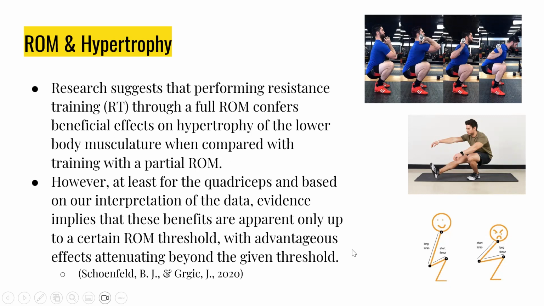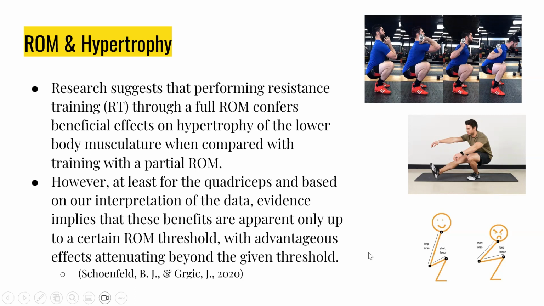However, at least for the quadriceps and based on the interpretation of the data, evidence implies that these benefits are apparent only up to a certain ROM threshold, with advantageous effects attenuating beyond the given threshold, right?